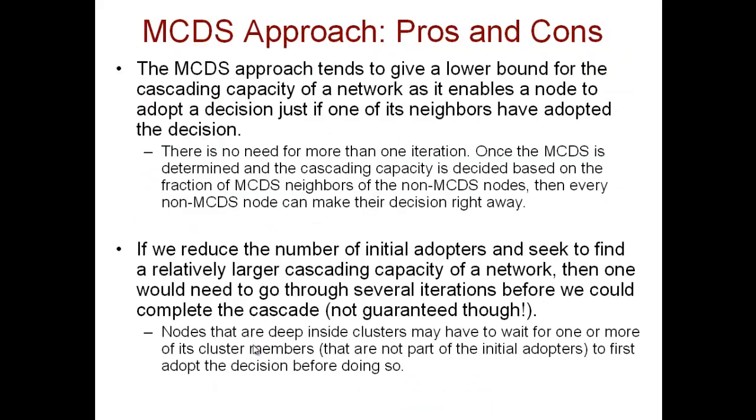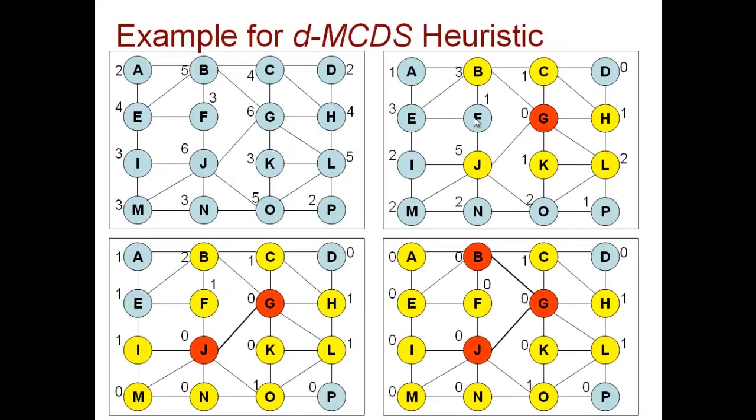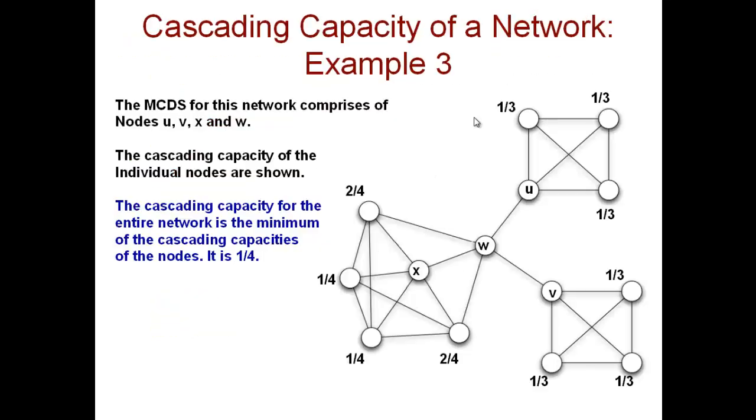So that's what I list as the pros and cons of using the MCDS approach. The MCDS approach gives you a lower bound for the cascading capacity of the network, as it enables a node to adopt a decision just if even one of its neighbors has adopted the decision. So that's what you see in this example here. This node will adopt the decision, or its cascading capacity becomes 1/4, because at least one of its neighbors has adopted the decision.